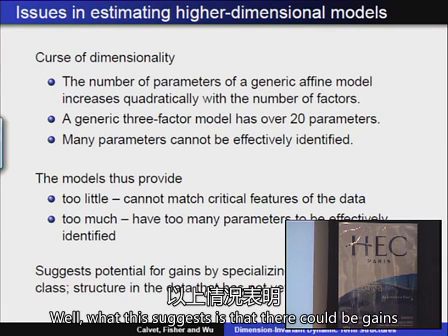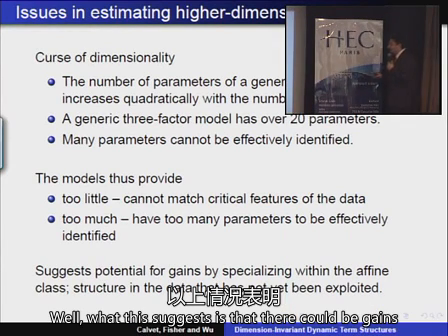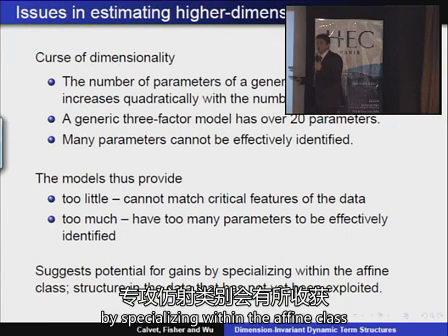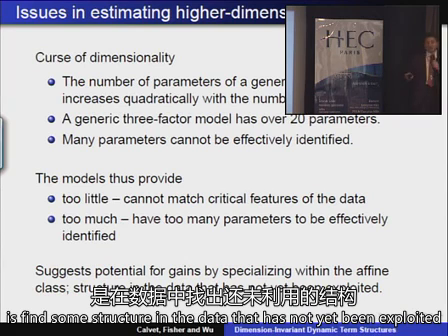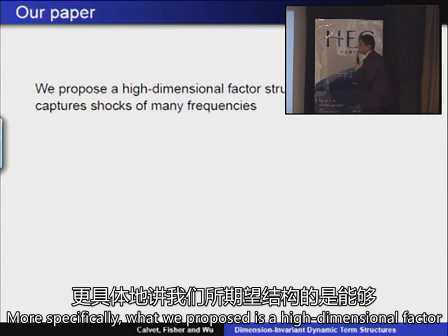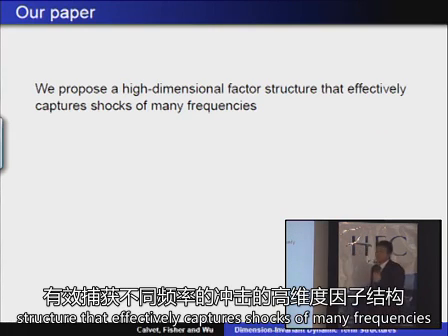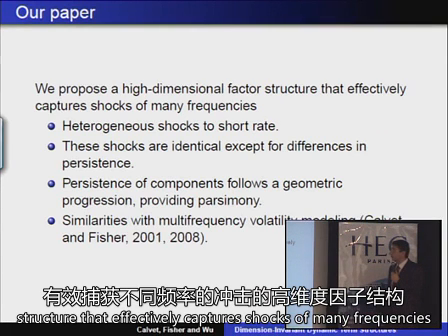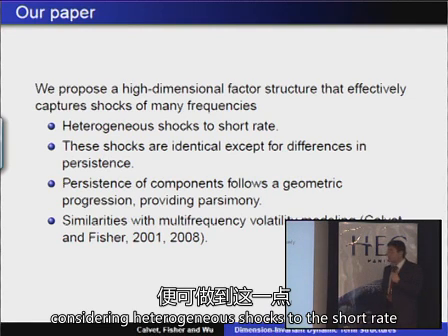What can we do? What this suggests is that there could be gains by specializing within the affine class. In other words, what we're trying to do in this paper is find some structure in the data that has not yet been exploited. More specifically, we propose a high-dimensional factor structure that effectively captures shocks of many frequencies. This is done by considering heterogeneous shocks to the short rate.